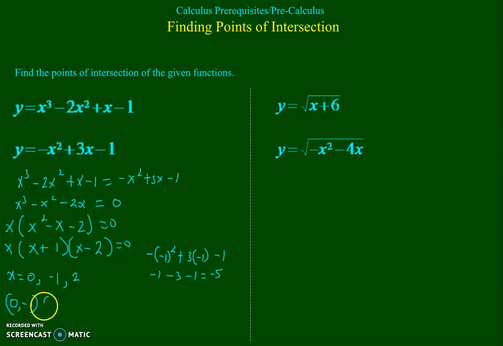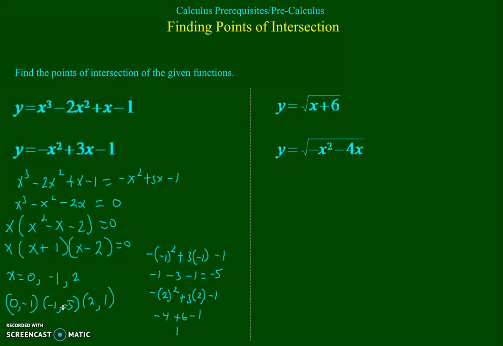So this point then is negative 1, negative 5. And then the last point is going to be negative 2 squared plus 3 times 2 minus 1. So this gives us negative 4 plus 6 minus 1, which gives us 1. So the graphs of these functions cross in 3 places.